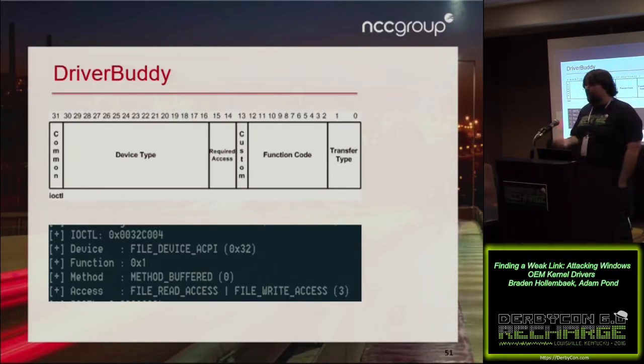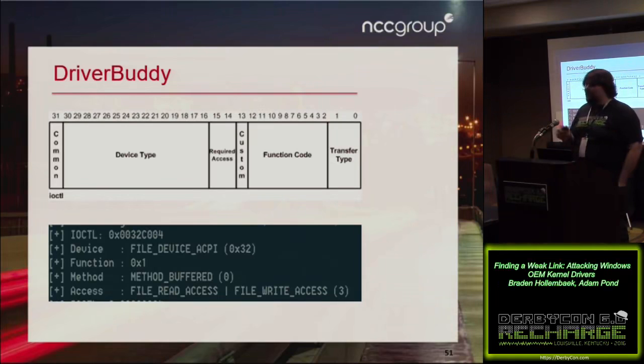The transfer type is how the data from the IOCTL gets transferred to the device driver, and there are four main modes. There's method buffered, where the data gets transferred to a kernel land buffer. Then there's method in direct and method out direct, which use memory descriptor lists, or MDLs. And then there's method neither, which, spoiler alert, does neither of those.